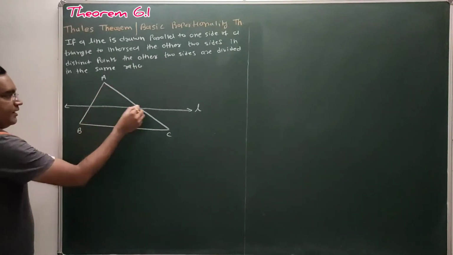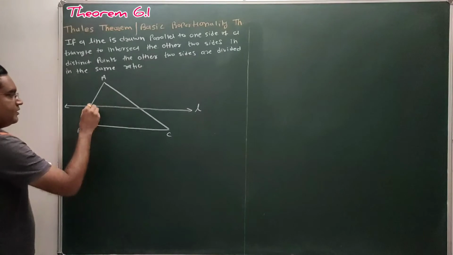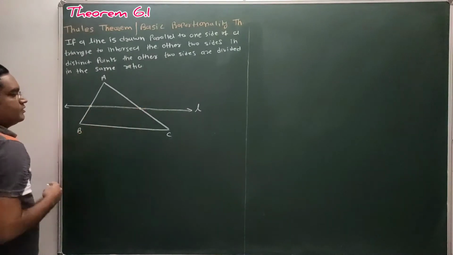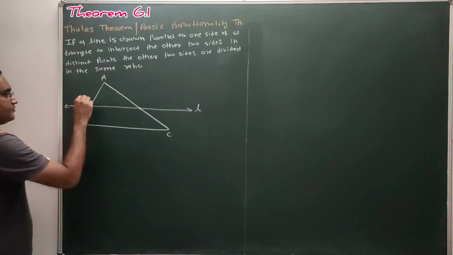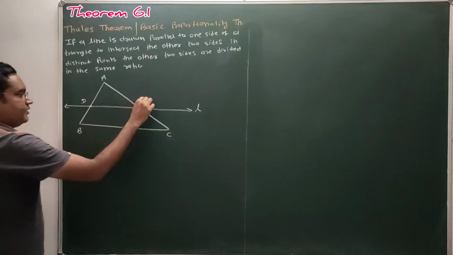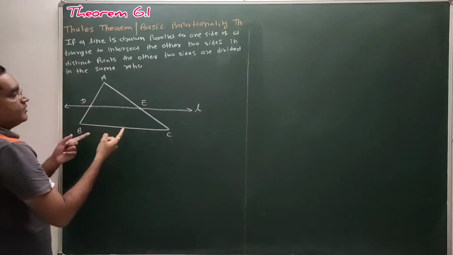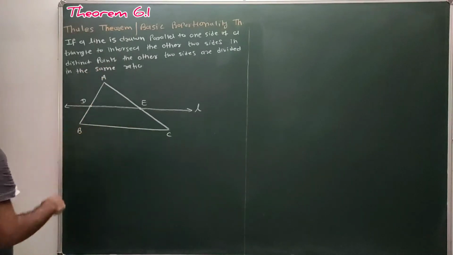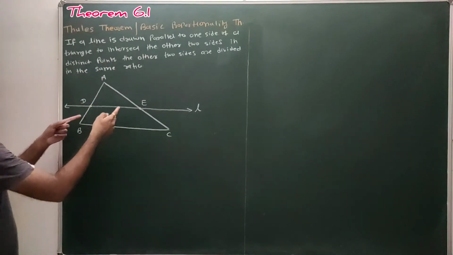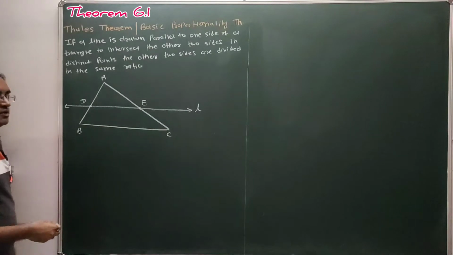So this line L intersects these two sides at two distinct points. Suppose those two points are point D and point E. So the line intersects the other two sides in two distinct points, then these two sides are divided in the same ratio.